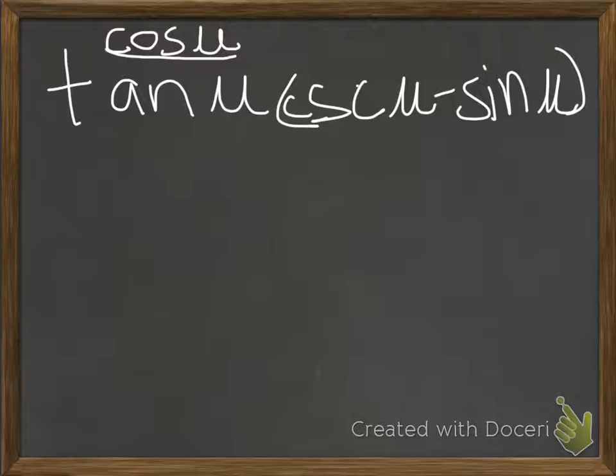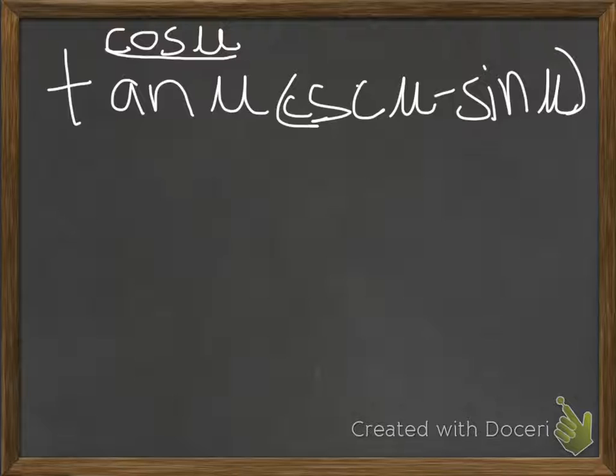And then she said if there's a fraction, to make it into one fraction. There's no fractions here, so we don't have to worry about that. Then she said to rewrite in terms of sine or cosine, and the last one is to have a goal in mind. So I have the goal up here on the top, and then I'm going to write it in terms of sine and cosine.